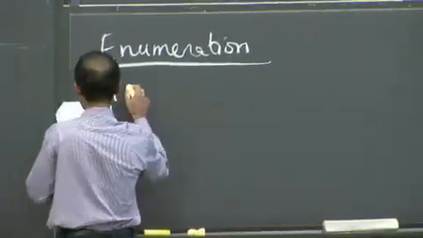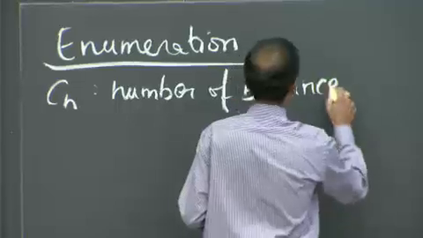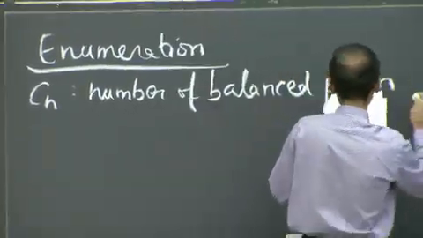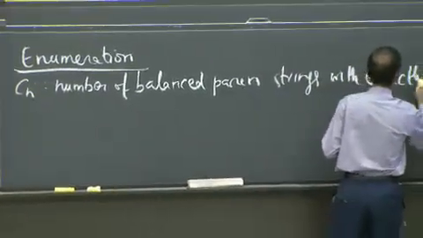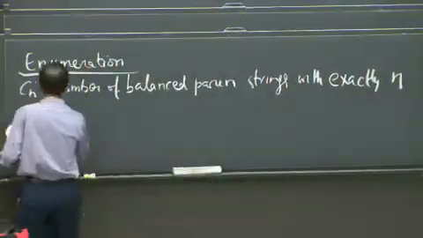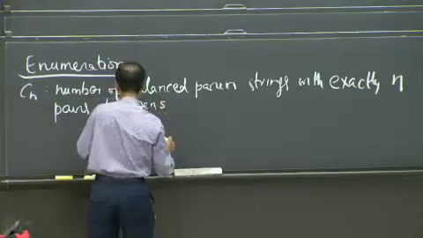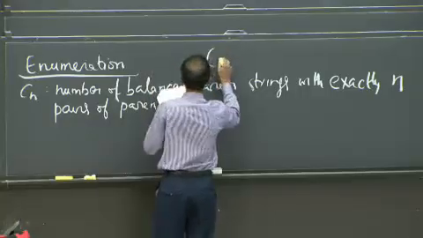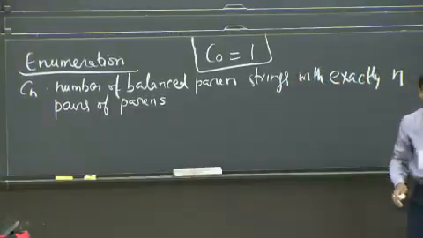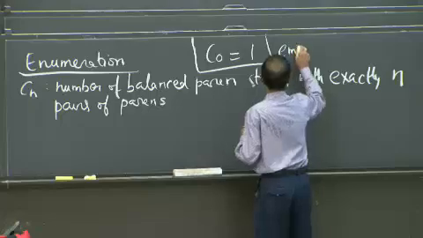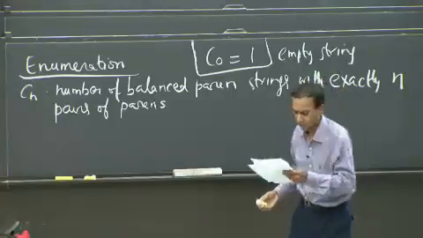And so Cn is the number of balanced parentheses strings with exactly n pairs of parentheses, and I have C0 equals 1, which is my base case, right? And that's just the empty string. So I'm going to say that the empty string is a string, and that's just setting up the base case.